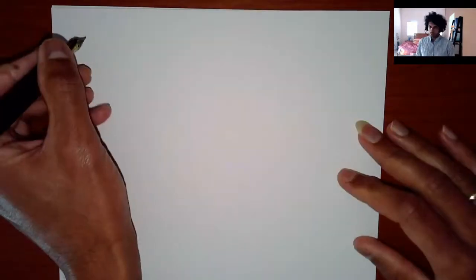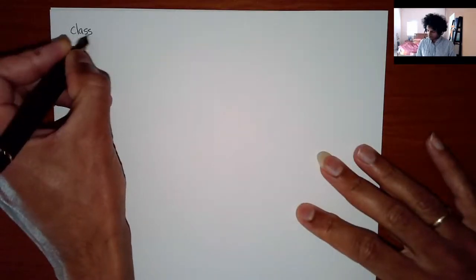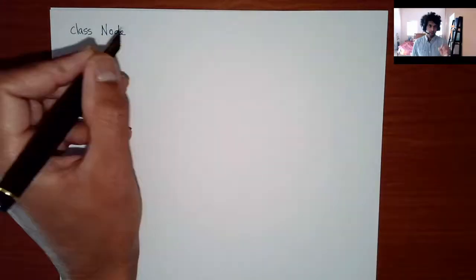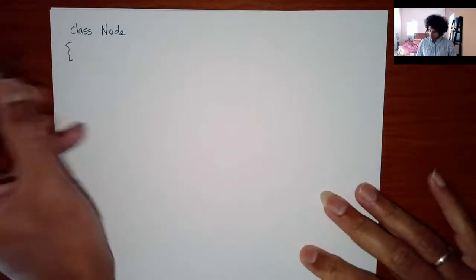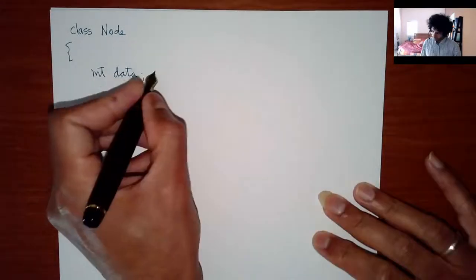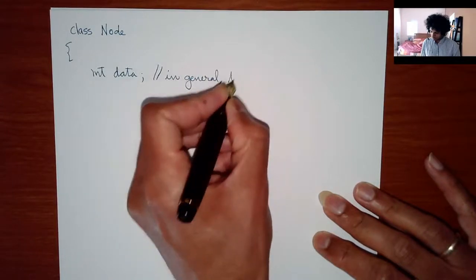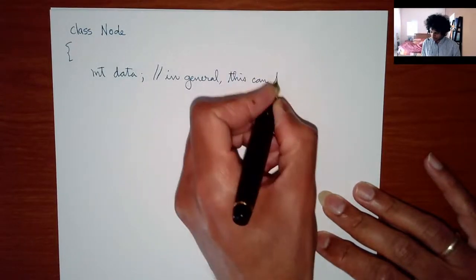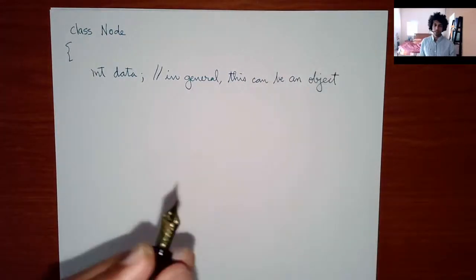Okay, so towards that, how do you store an int in a linked list? First we're going to create a class that we call node, and data is going to be stored in nodes. So you're going to have your data. Now in general, this can be an object, some object in and of itself. This is the data that's being stored.